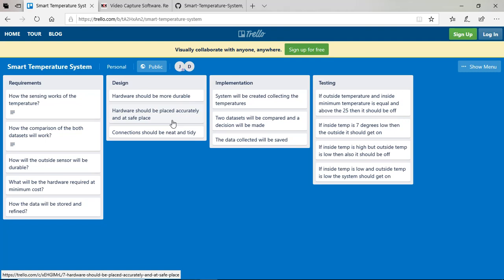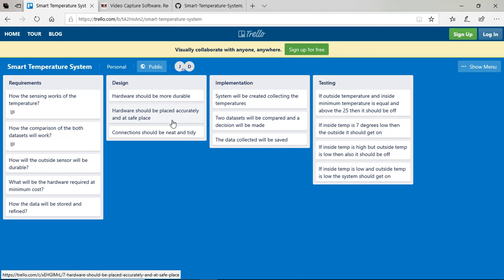Definitely the temperature will be higher there, closer to the wall, in comparison to a little farther from the wall. That has to be considered while placing the temperature sensor, so that it accurately tells us the exact temperature of the outside environment.